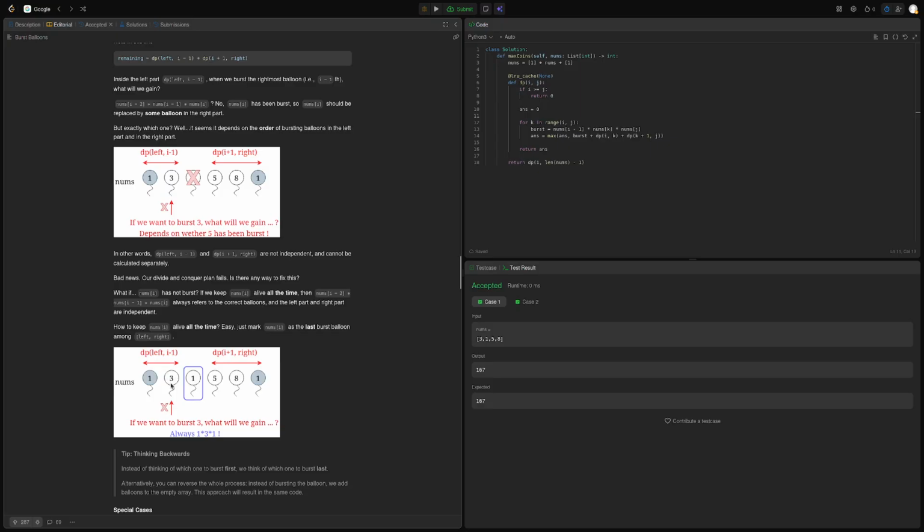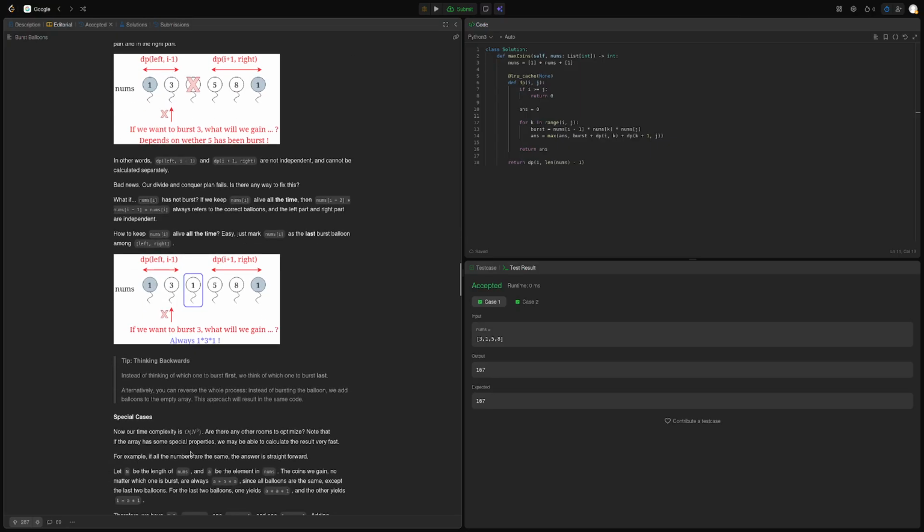Well, I mean, it bursts three, and then what? This bursts it for, and nums[i] is the last balloon amongst them. What do we do?